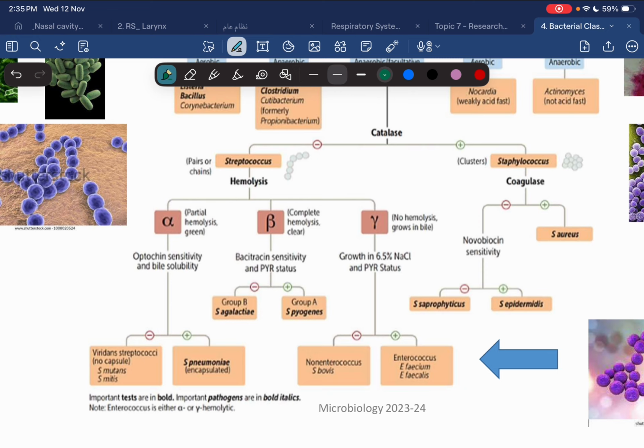A mom would take her child to the clinic, fever, lethargic with inability to eat, drooling, and you look down the throat and it would be red, indurated with inflammation.